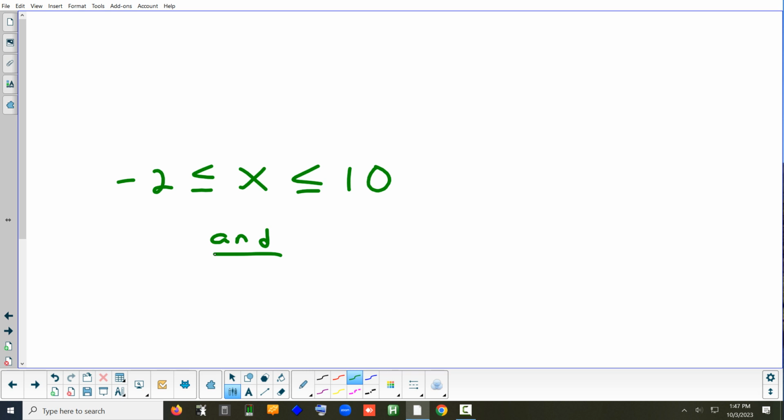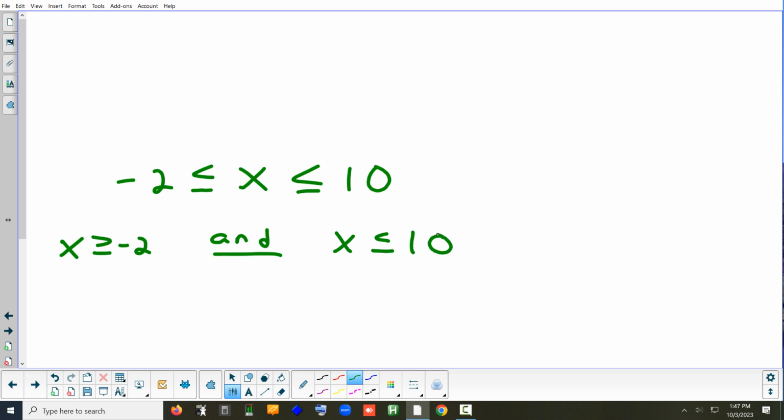Okay. X is greater than or equal to -2. Greater than or equal to -2. Yeah, that's good. You switch that order there. I said it wrong. So x is greater than or equal to -2 and yeah, x is less than or equal to just 10. X is less than or equal to 10.